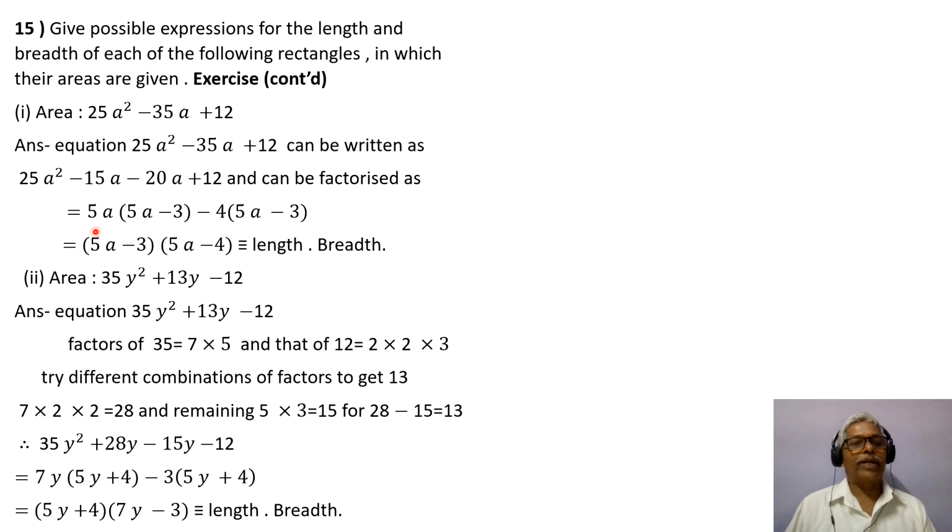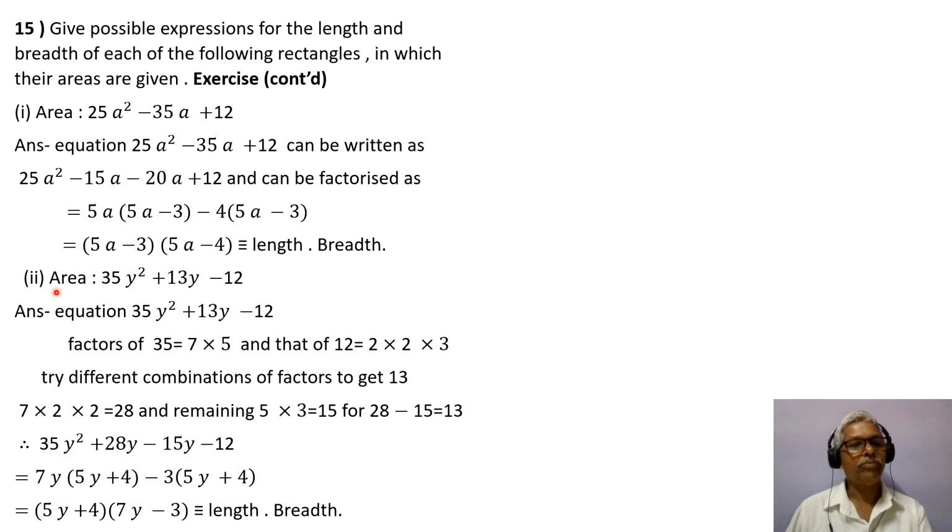So we can factorize this. I'm taking 5a common from this, so what remains in the bracket is 5a minus 3, and minus 4 common, and again 5a minus 3. Taking 5a minus 3 common from this whole thing, what remains in the bracket is 5a minus 4. So this is length and this is breadth. This corresponds to length into breadth.